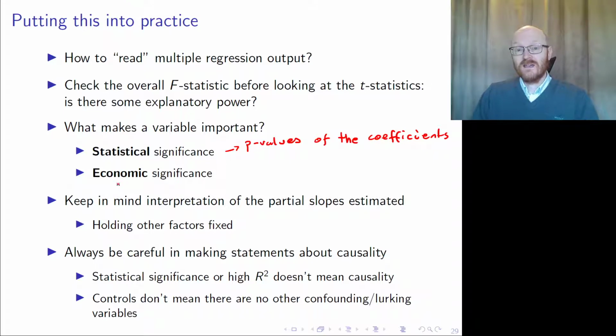But you also have economic significance, because statistical significance might just mean that you have a lot of data. If you have a lot of data, even tiny effects from the explanatory variable onto the response variable might be significant. So you have to look at the economic significance, and then you look at the size of the coefficients.